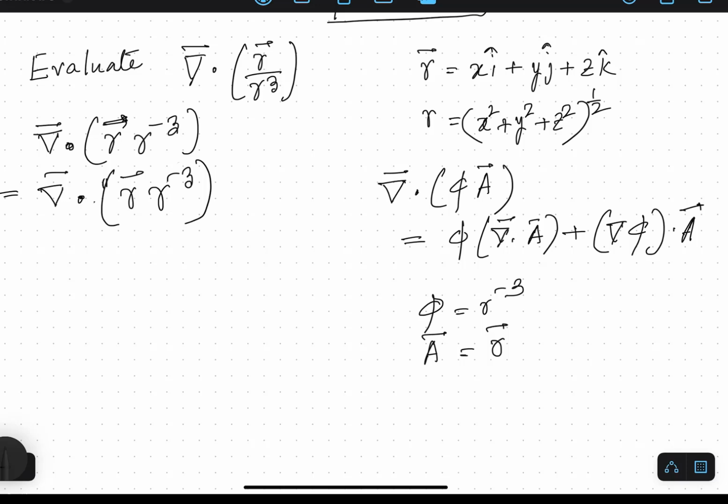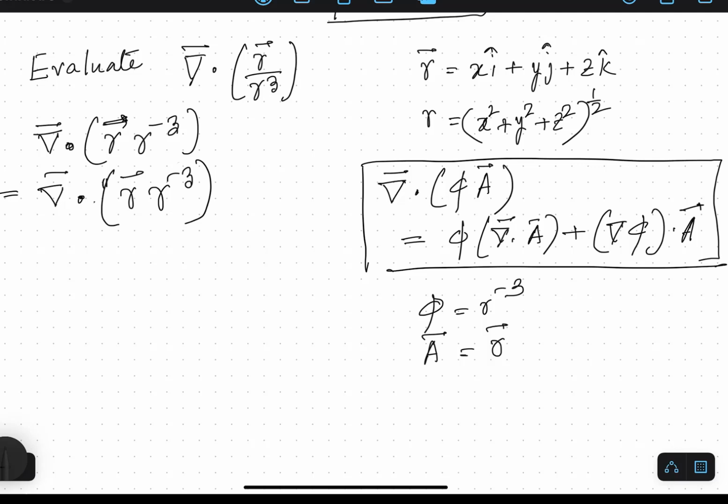So I can write the divergence of vector r times r to the power of minus 3 as phi, which is r to the power of minus 3, bracket, divergence of vector r, plus grad of the scalar, that is grad of r to the power of minus 3, dot vector r.